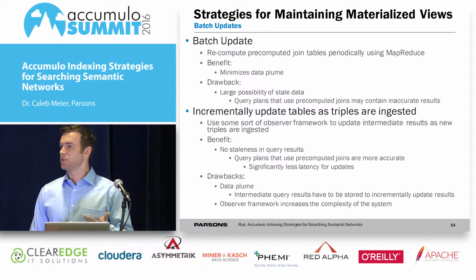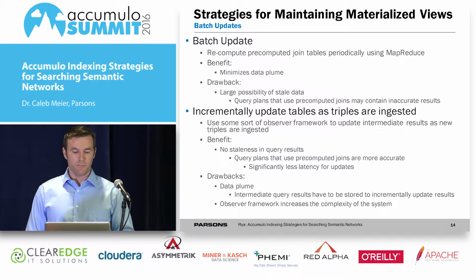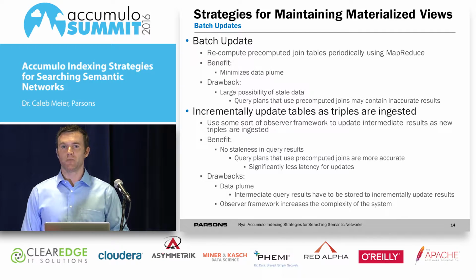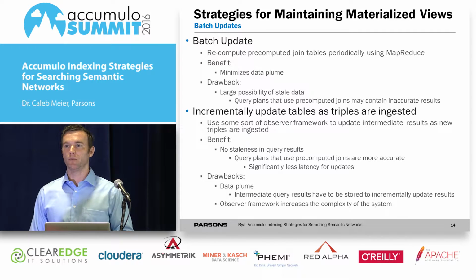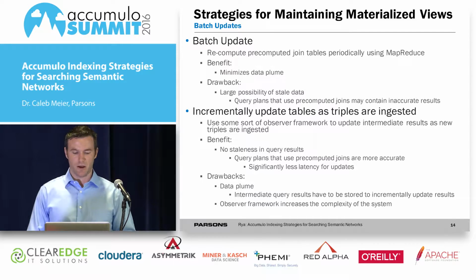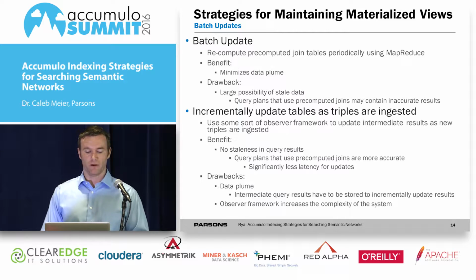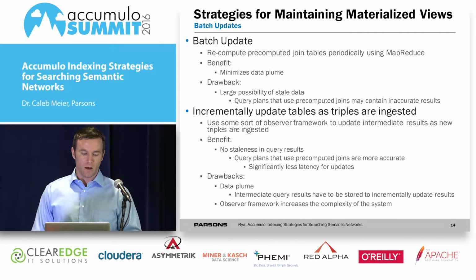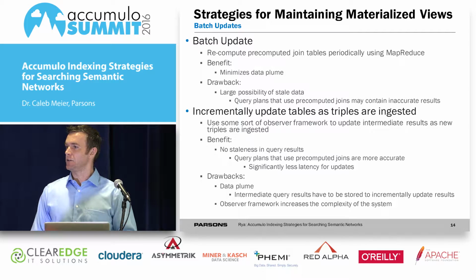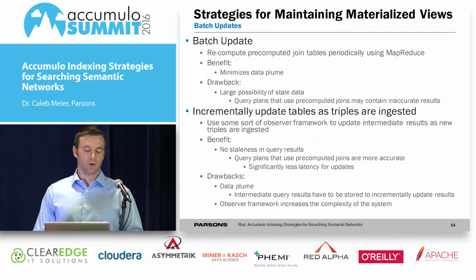The drawback is that you're redoing a lot of work, and your data gets stale between your batch jobs. If data is ingested into the core tables, then your data is not reflective of your core RIA table.